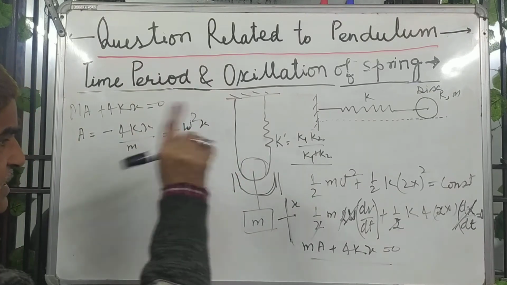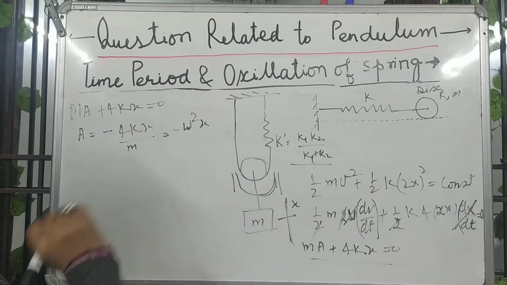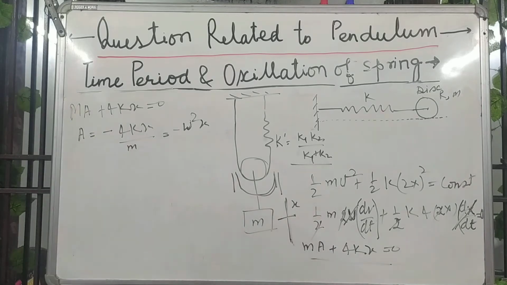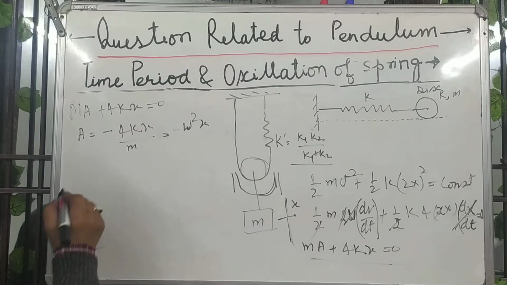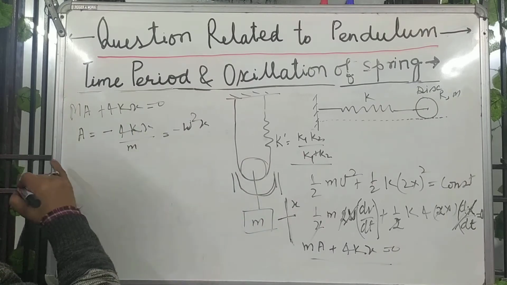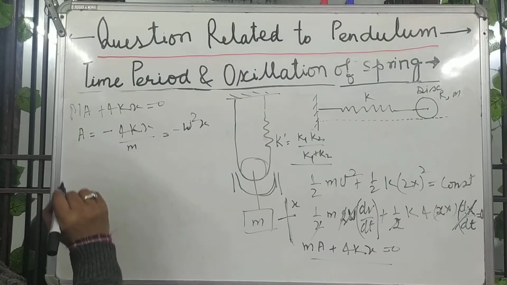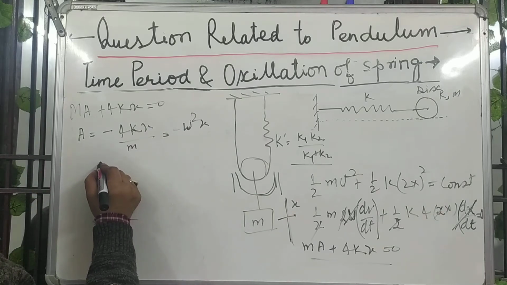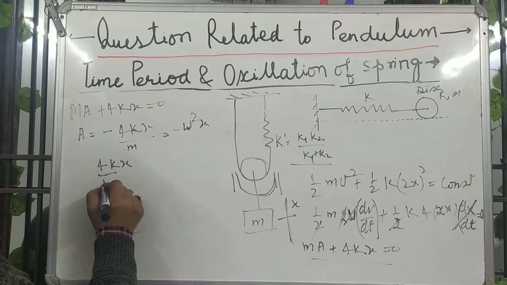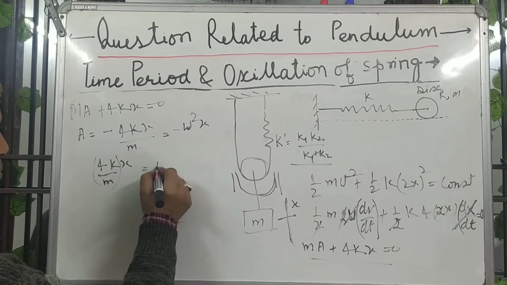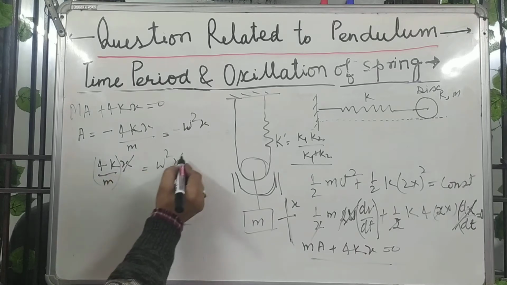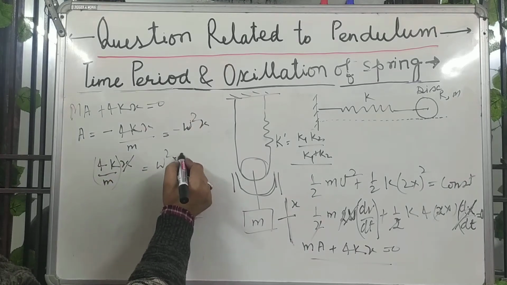This is the acceleration equation of SHM. You can cancel the minus, and in mod value also you can write the acceleration like this: 4kx by m equals omega square x, and x cancels.